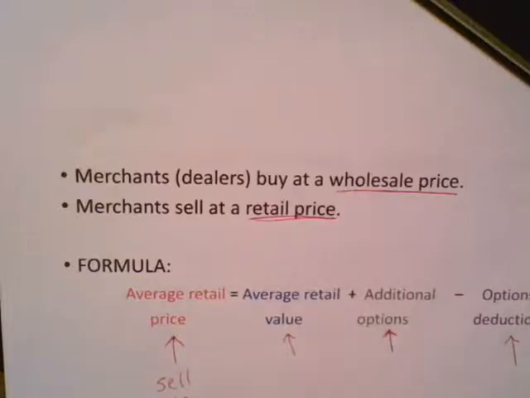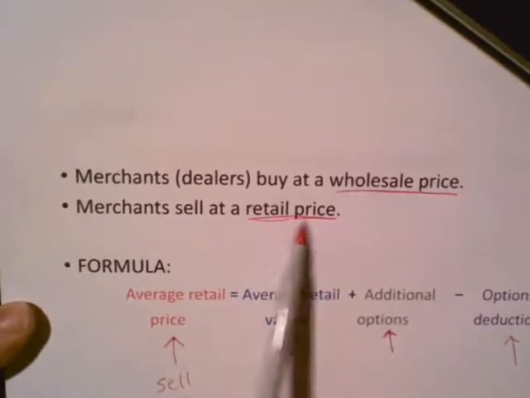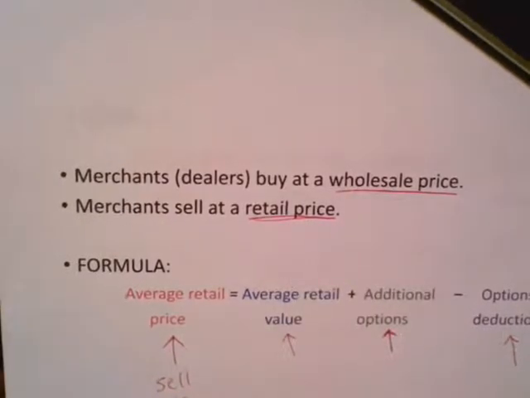So when you take a car in to trade it in, they give you a certain price, and then they will sell it at a retail price. So they try to buy the car from you as cheaply as they possibly can, and then they will sell it at a higher price to make money. That's the only way that they can stay in business.